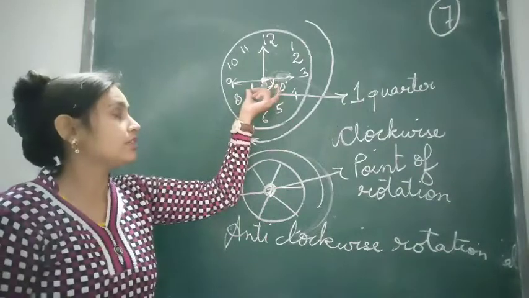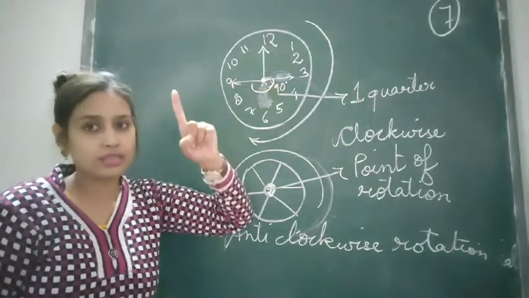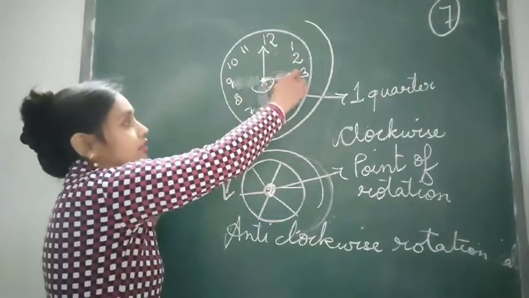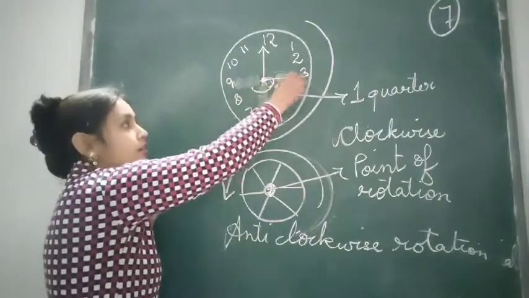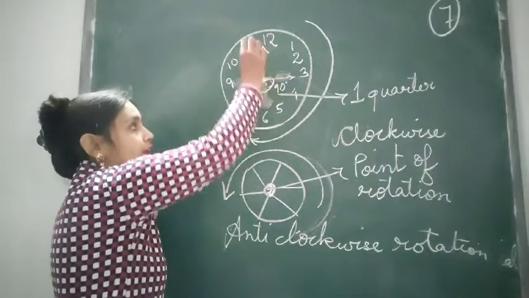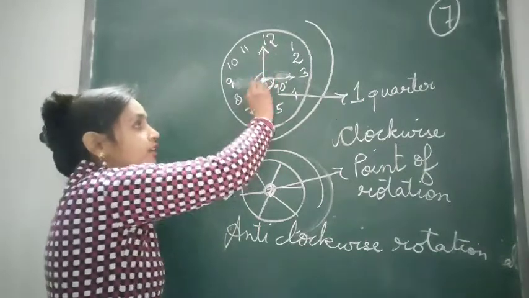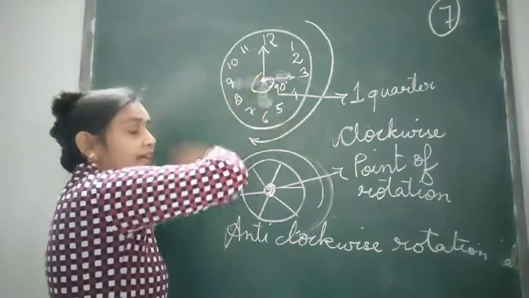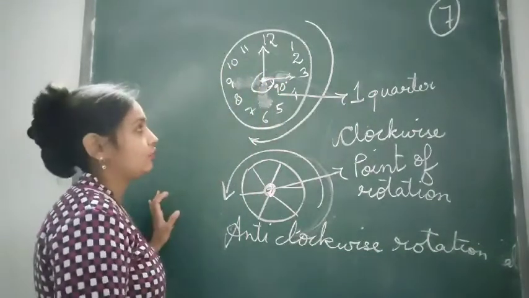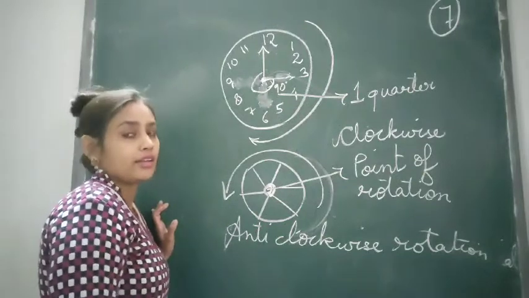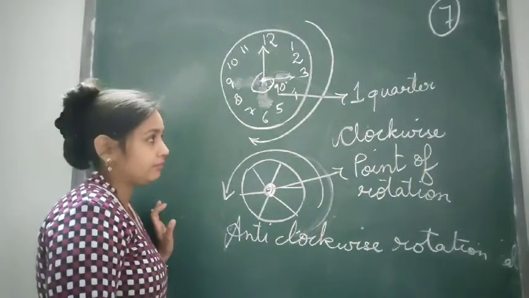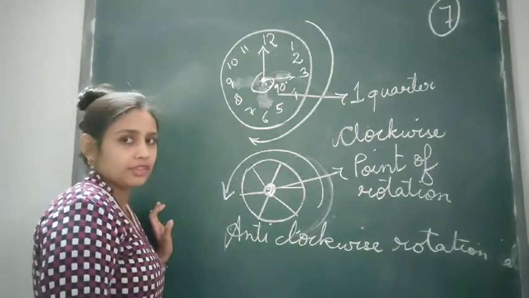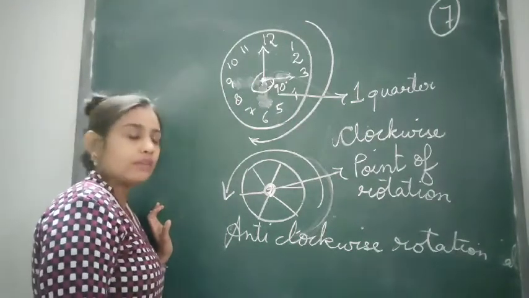Also, if the hour hand moves from 3 to 12, then it moves 3 quarters, that is 90 plus 90 plus 90, so the angle of rotation is 270 degrees.